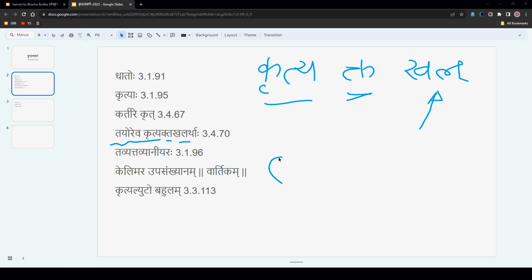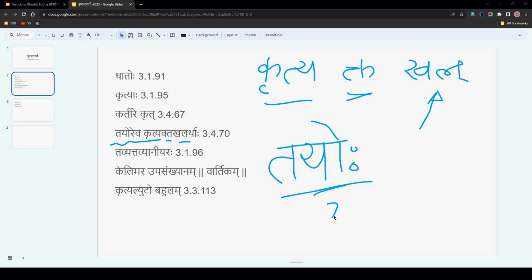What is tayoho? Tayoho. What is the vachanam here? Tayoho eva. What is the vachanam? Shashthi dvivachanam. Tayoh eva krityaktakhalarthah.